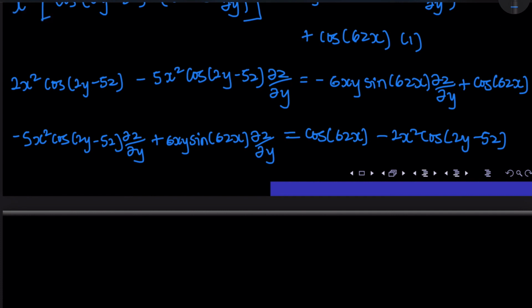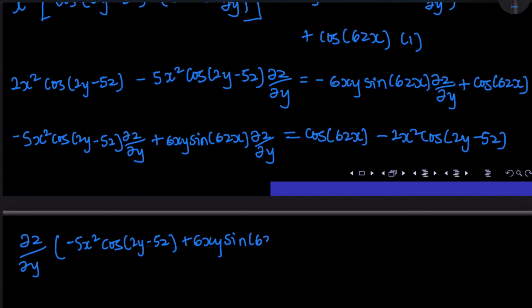We can now factorize ∂z/∂y on the left hand side. So that will be ∂z/∂y out, minus 5x squared cosine of 2y minus 5z plus 6xy sine of 6zx, is equal to cosine of 6zx minus 2x squared cosine of 2y minus 5z.